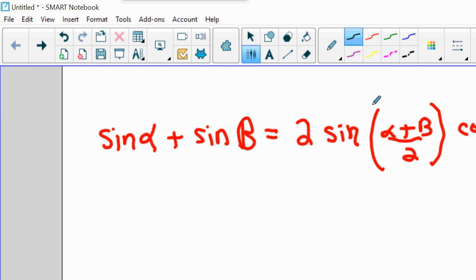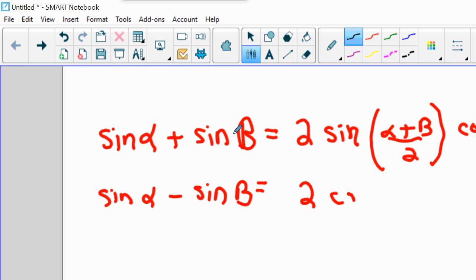All you do is take the last equations I gave you, do a little substitution, and bam, you pick up these equations. And then sine alpha minus sine beta is 2 cosine alpha plus beta over 2 sine alpha minus beta over 2.